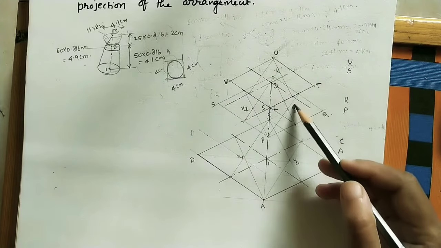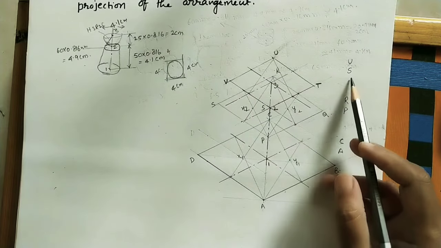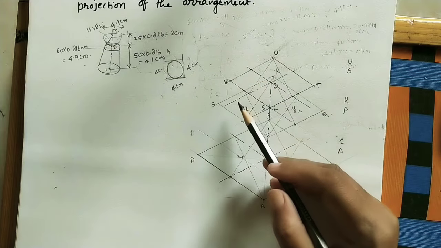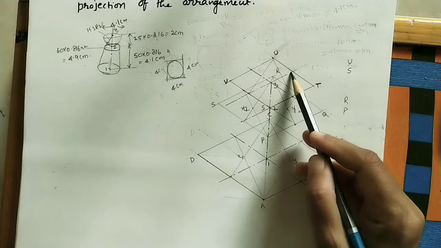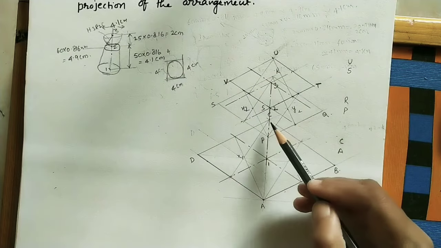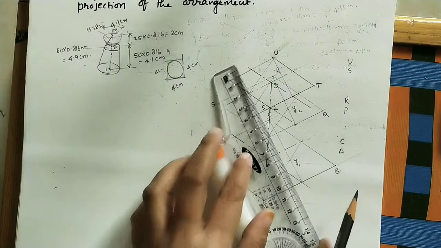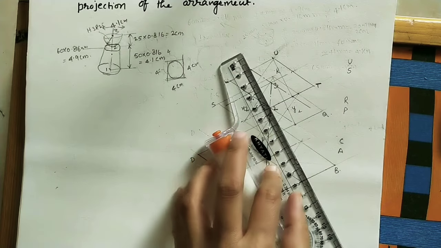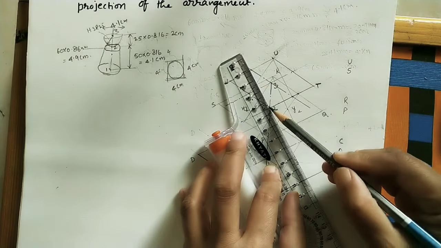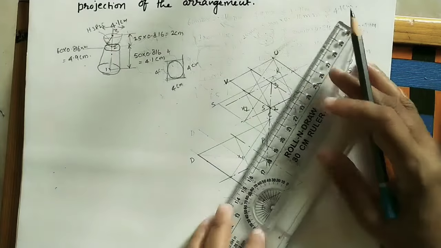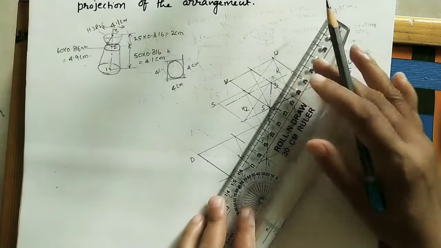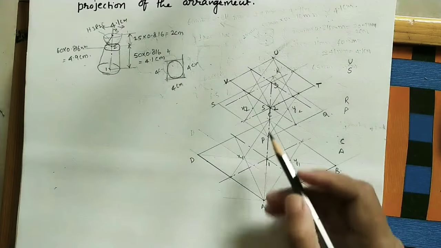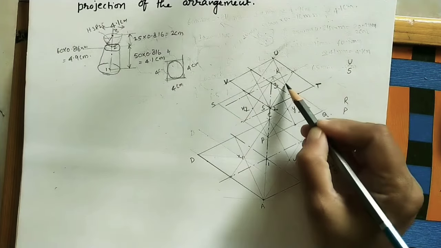Okay, here I have joined U to the opposite middle points. Next end is S. So join S to these middle points, this one, and where the axis is passing here, this point. Join these 2 points to S. Okay, so here we got the intersection points.